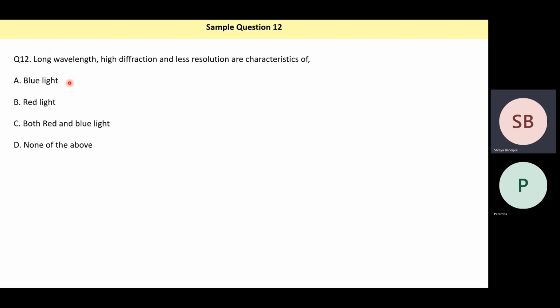The final question is: long wavelength, high diffraction, and less resolution are characteristic of what?